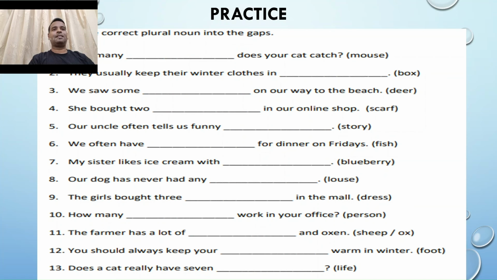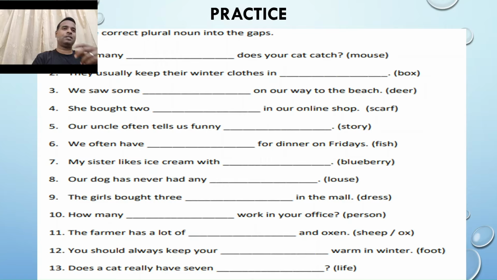That is a practice for writing correct plural nouns in the blanks. Now the first question is, how many dash does your cat catch? So the singular word is mouse. इसका plural होगा mice.